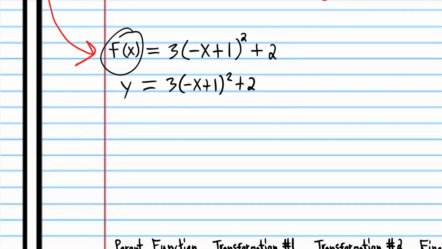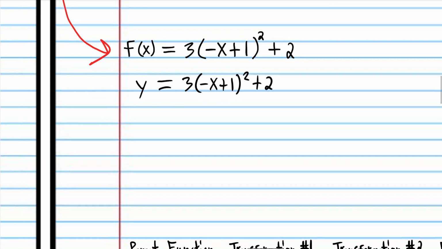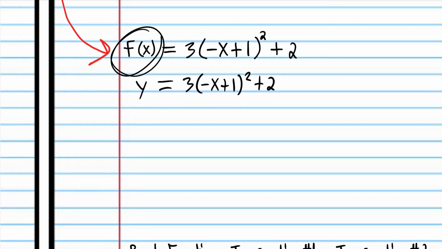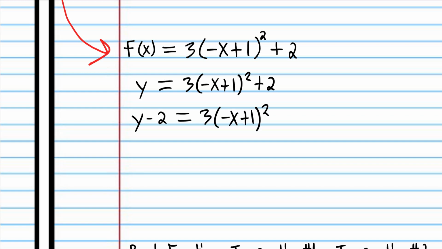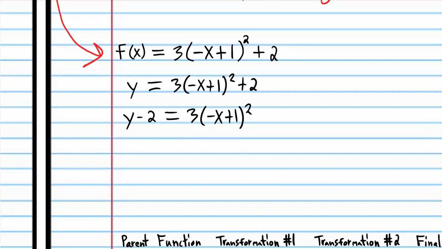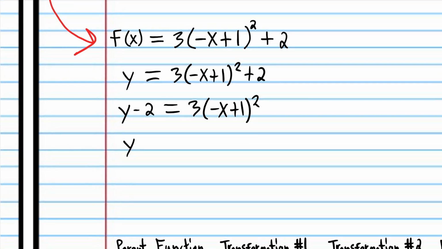So I'm going to switch f of x to y. It just makes it easier for us to work with the equation. Then I'm going to subtract 2 from both sides of the equation, and now you can see that we're actually subtracting 2 from y, which means that we're taking the parent equation. It's eventually going to be moved down. Then we're going to divide both sides by 3.